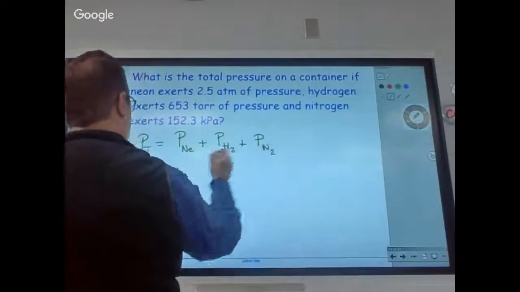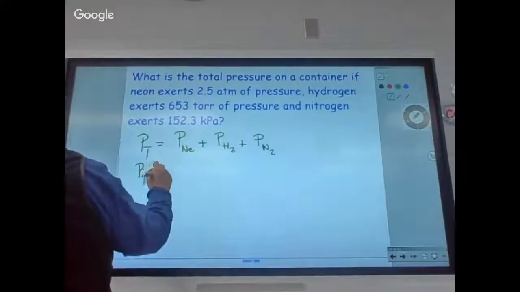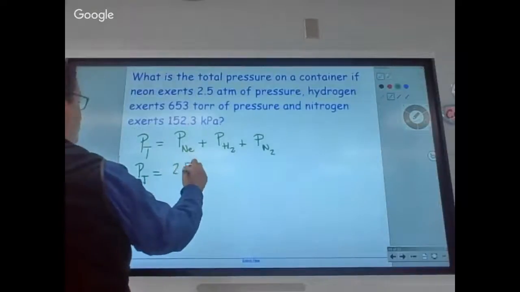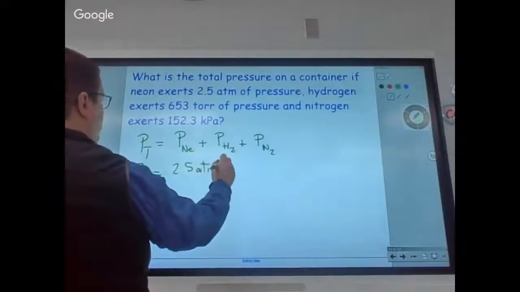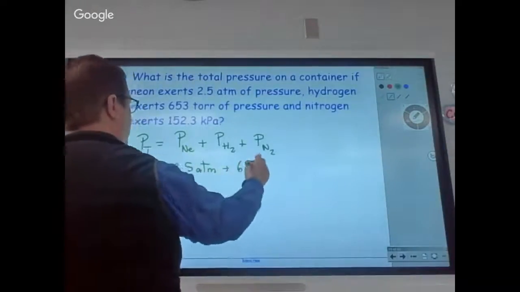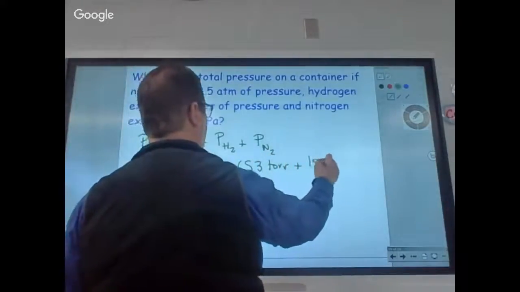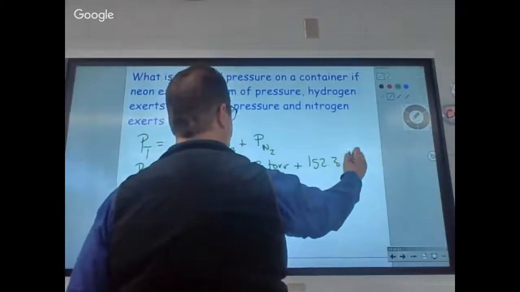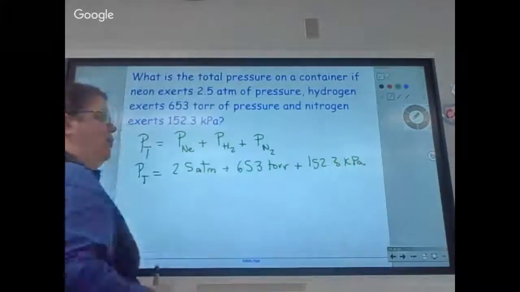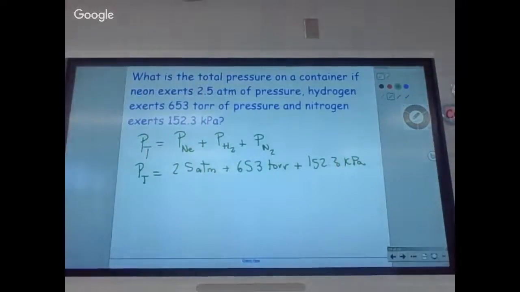Nitrogen. So he said we were going to add the 2.5 ATMs plus the 653 torr plus the 152.3 kPa. And as Devontae pointed out, they all have to be in the same unit.